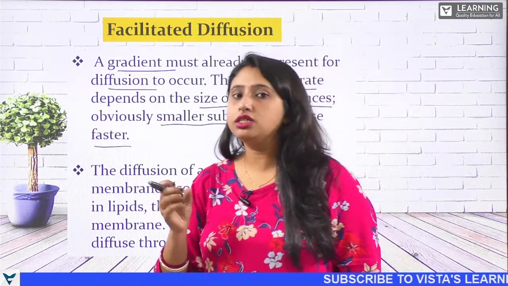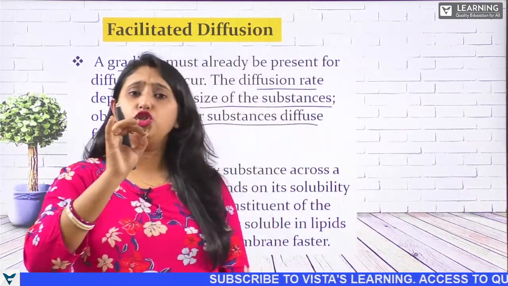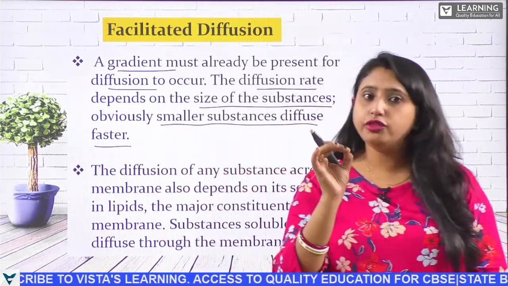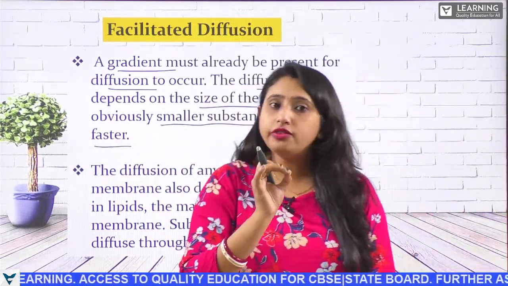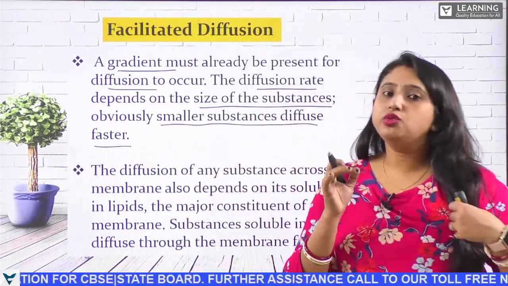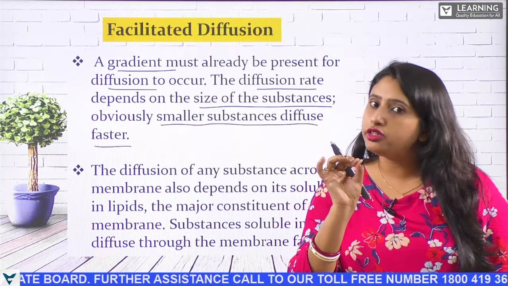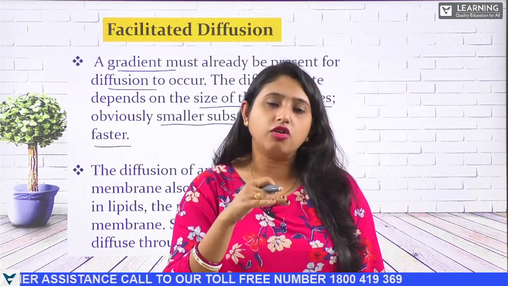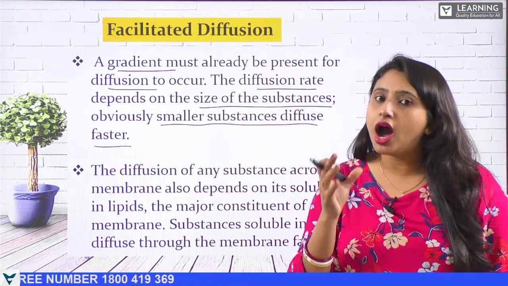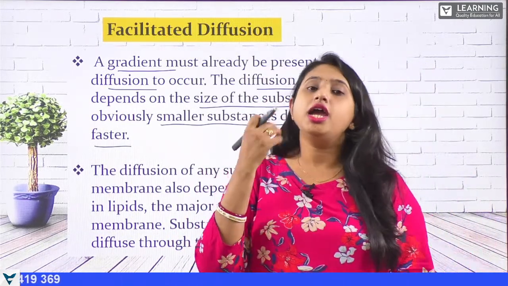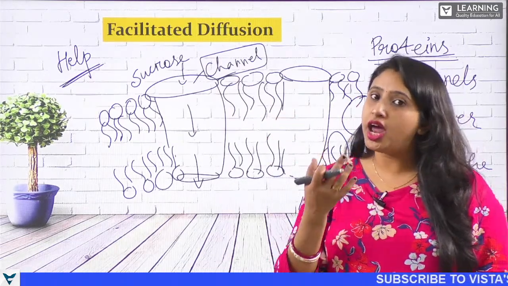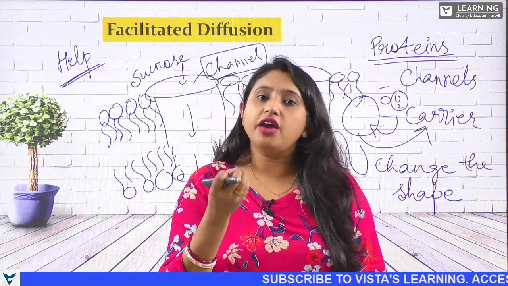We have already discussed that diffusion depends upon the gradient concentration. Some of the molecules will be smaller in size, whereas some will be larger in size, right? So it depends on the size of the molecules. The smaller molecules can easily cross the plasma membrane. As you've seen, there are some bigger molecules of higher gradient concentration that cannot pass through the plasma membrane, so they require some channels or carrier proteins.